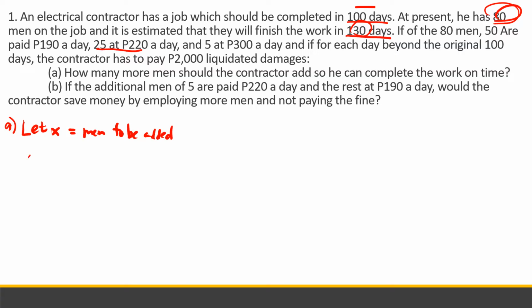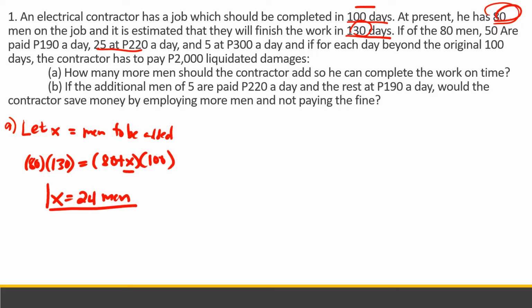For his current 80 men, they will finish within 130 days. Now if you add X to the 80, they will finish by 100 days. So what is the value of X? This is the only variable here. X will be equal to 24 men. So the contractor will need an additional 24 men to finish the work in 100 days.